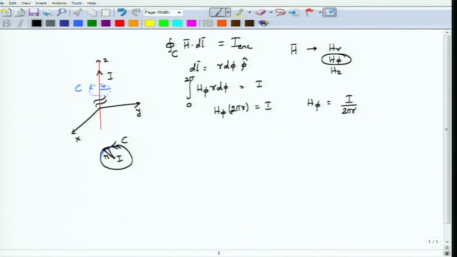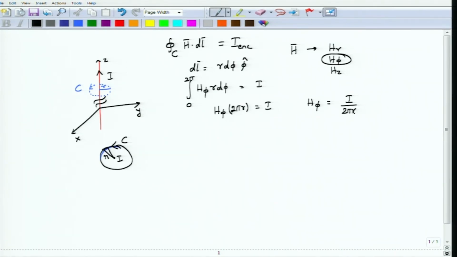Does this result make sense? If you were to fix r and then look for the magnetic field, we know from the right hand rule that it has to curl around the current carrying element. So if the current is directed along the z axis and you place a constant loop of radius r, then the magnetic field around this must also form circles. Magnetic fields must form circles around the current carrying wire, and therefore they are given by I by 2 pi r.